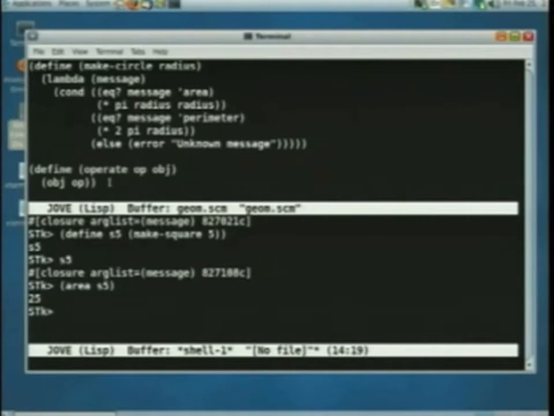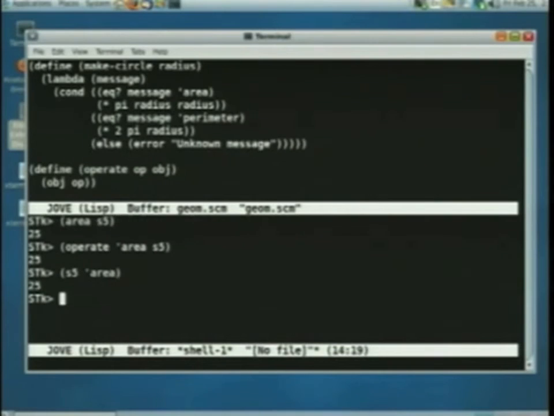So when I say area S5, what I'm really saying is operate, quote, area S5. And that in turn is saying invoke S5 with area as its argument. Okay, so all these three things that I've said on the bottom half of the screen are the same.